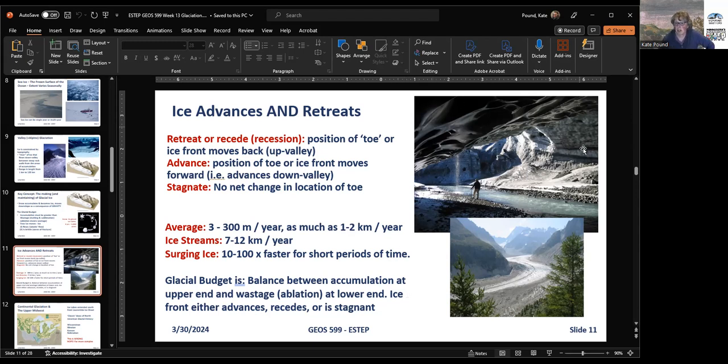What about these images on the right? The one at the top is near an ice toe, and there's actually a subglacial stream coming out from under the glacier.